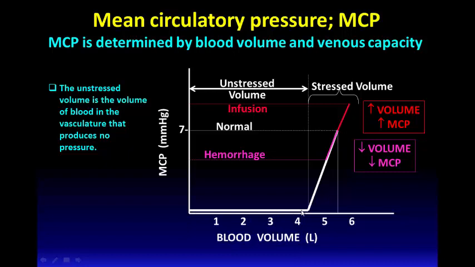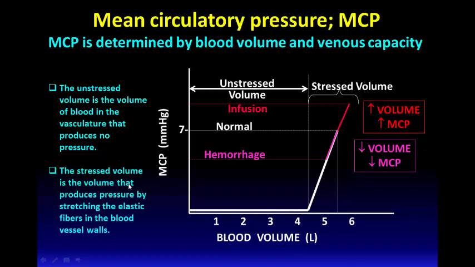The other division of the blood volume is the stressed blood volume, and this is the volume which produces pressure as a result of stretching of the elastic fibers in the blood vessel walls. So this is the stressed blood volume.